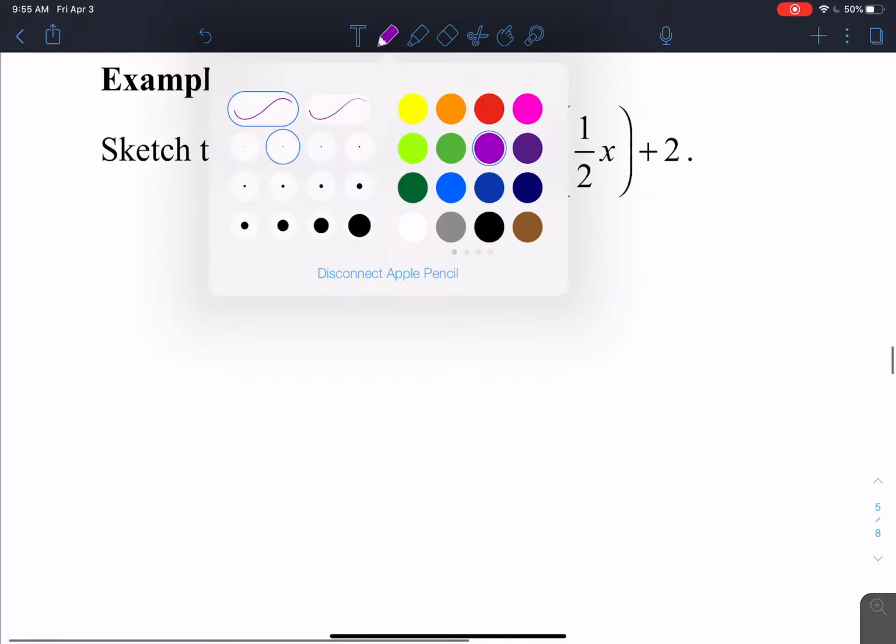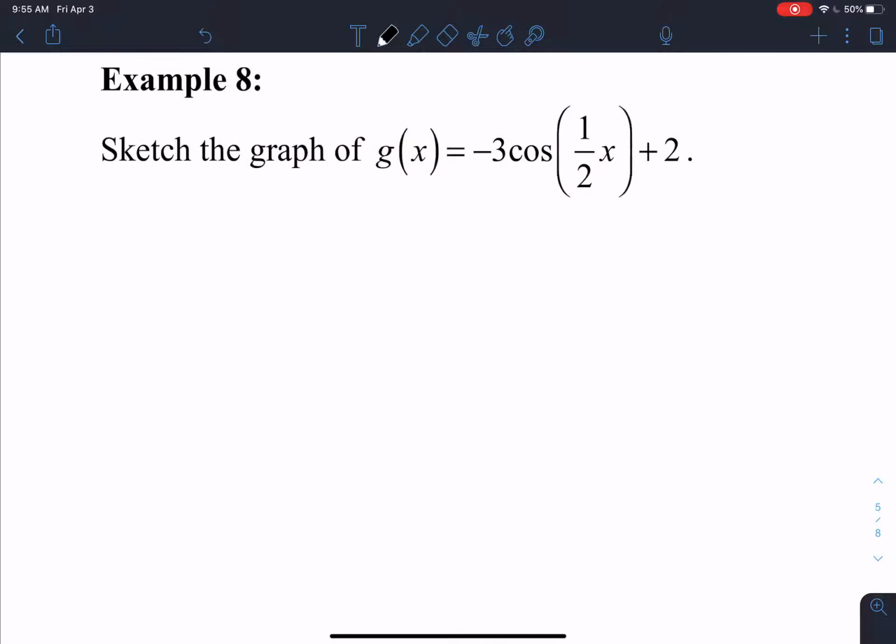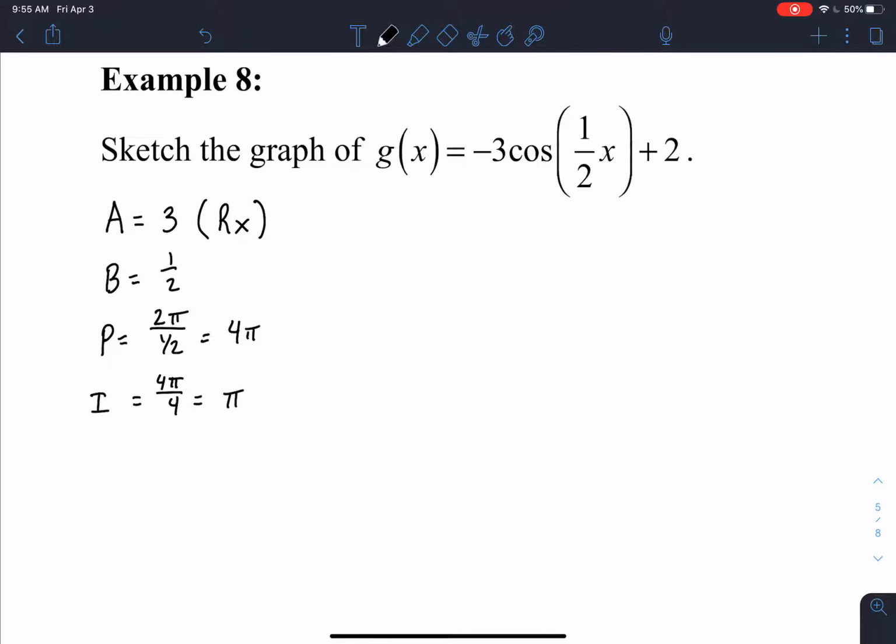So moving on to number 8. My amplitude is 3, but I also have a reflection. My b term is 1/2, which makes my period 4 pi, and then my interval is 1 pi.